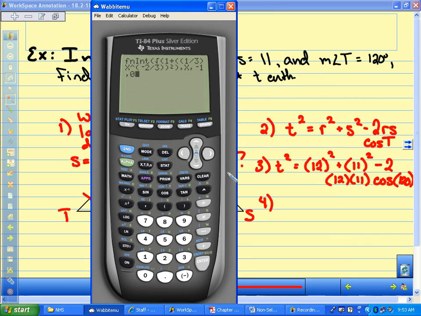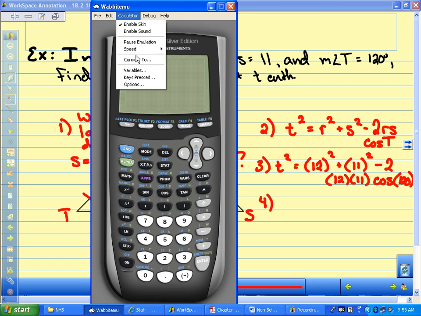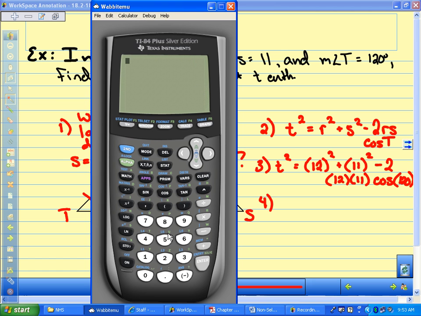And what we're going to do then is type exactly what we have written in here. We have parentheses 12, close, squared, plus parentheses 11, close, squared, minus 2, parentheses 12, close, open 11, close, cosine. They already opened the cosine for us, 120.